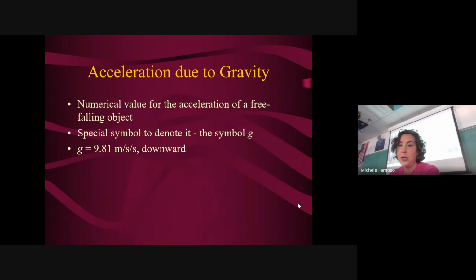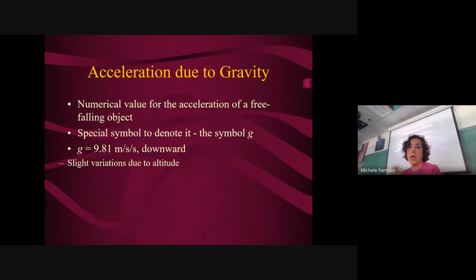And there is our value, little g. It is a vector, so we have to understand that it also has a direction, and that direction is down. So please add that. It is directed down. Okay. Down is usually a negative direction, so when we use it in problems, we usually make it negative.